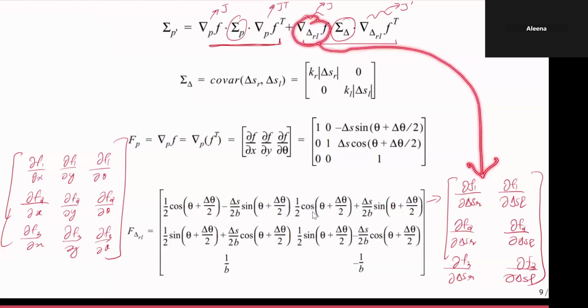And if you evaluate this matrix, you will get this big matrix. And the sensor covariance, you assume it to be proportional to the magnitude of the sensor's displacement multiplied by some scalar constant, that maybe you can get calibrated by doing some experiments.